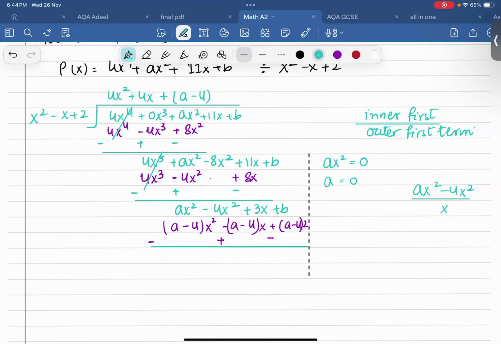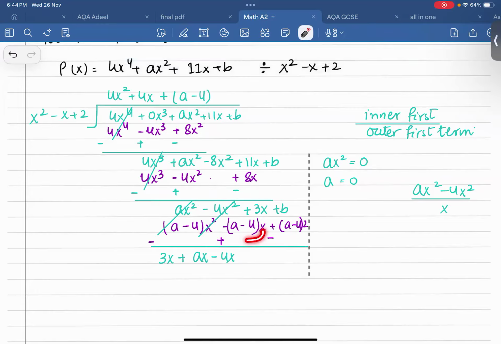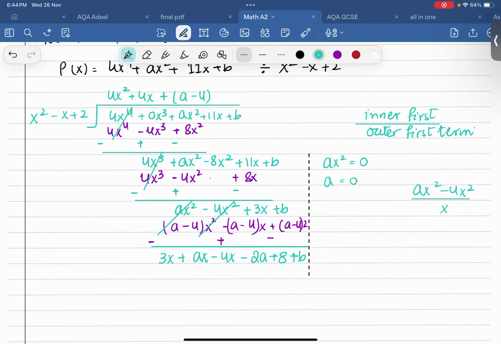So this whole thing will get cancelled out, right? This whole term will get cancelled out, and you will be left with 3x plus ax minus 4x. I just expanded, right? x times a and x times 4. And minus 2a, and minus minus plus 8 and plus b, right?